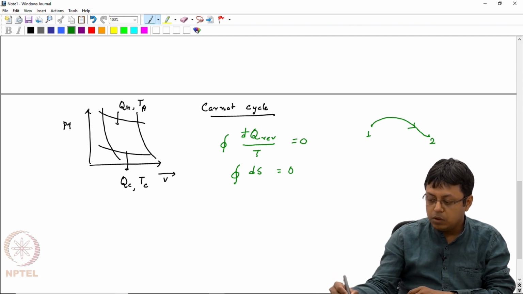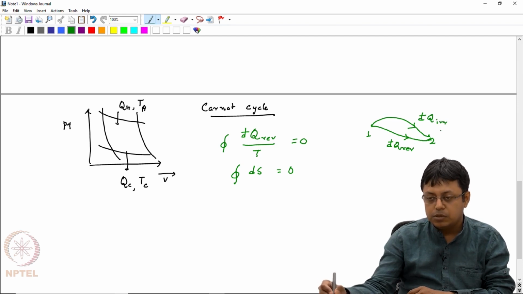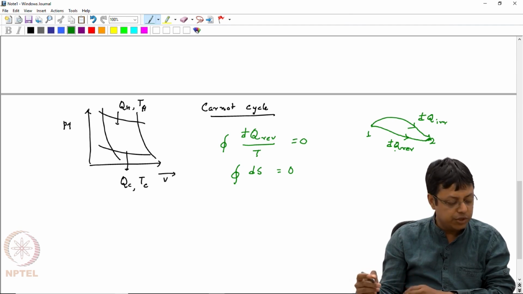Rather, we have to always consider an equivalent reversible path, and the heat change associated with the reversible path, as opposed to the irreversible path, divided by temperature will be identical to the entropy of the system. So that's just a definitional thing.